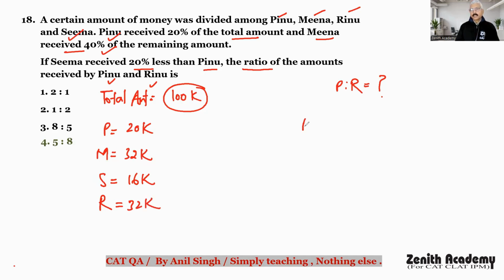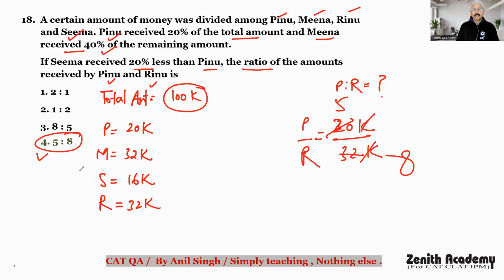So here P is 20K, R is 32K. Four eights, four fives. 5 is to 8. Answer.